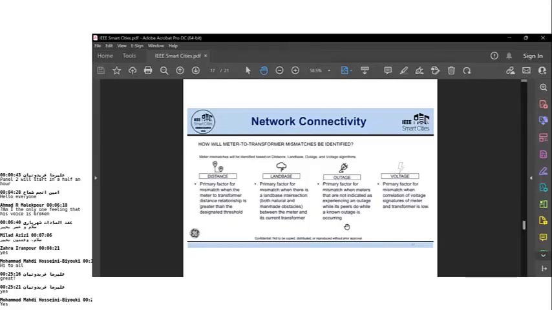So once the mismatched meters are identified, basically saying that this meter is very far from that transformer, so it cannot be connected to that transformer, we flag it as a mismatched meter and try to look at the nearby transformers and map it to a new transformer that is at a shorter distance.